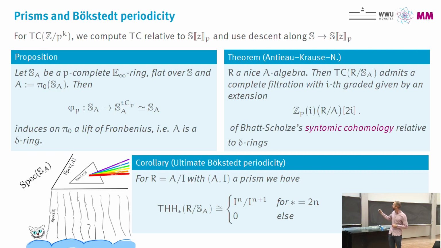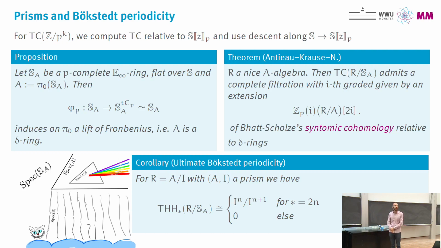I'm not going to tell you what it is, but it's a condition on an ideal in a ring. Then the claim is that THH in this generality relative to SA satisfies Bökstedt periodicity. So in other words, it's two-periodic or almost two-periodic. This I is going to be an invertible ideal, so it's basically generated by a non-zero divisor, and then this is a polynomial ring over the ring itself.